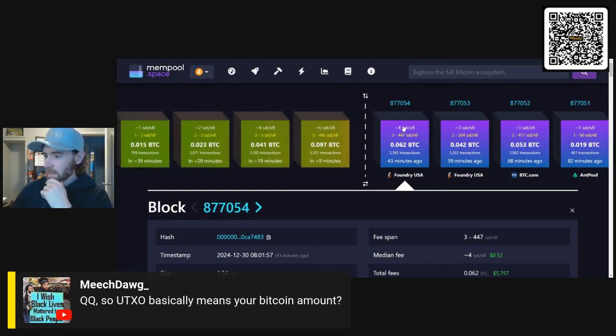And so with UTXOs, the reason why it costs you more, if you have a whole bunch of smaller UTXOs, when you go to combine that into one transaction, that's a lot of data. Right? Let's pretend you're sending a Bitcoin to somebody and you had one UTXO with one Bitcoin in there. That's hardly any data.